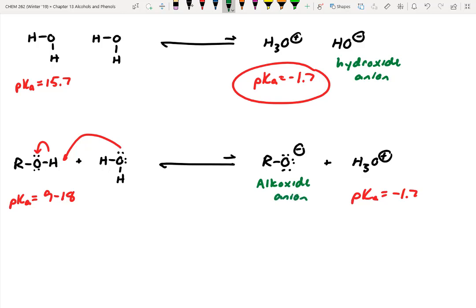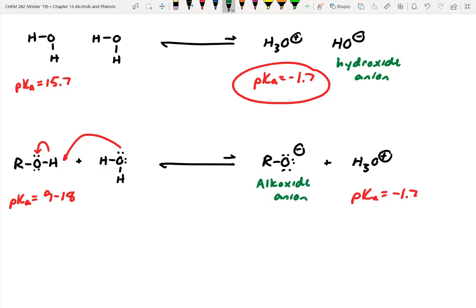Does anybody know some examples of alkoxide anions that we've been using? Tert-butoxide, right? So these can be either good bases or good nucleophiles depending on how sterically bulky they are. In general, though, you need a really strong base to form an alkoxide anion. Water's not going to really be strong enough to generate much of it.